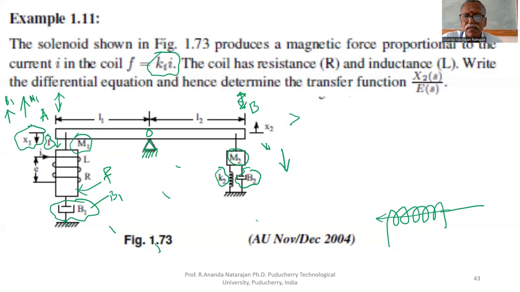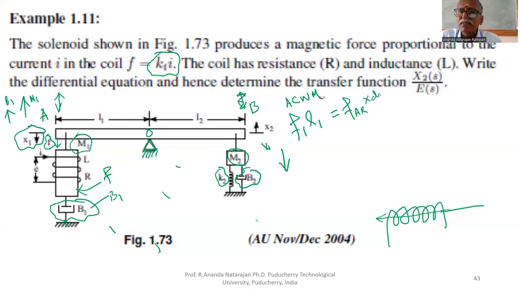F1 L1 is the anti-clockwise moment, the force developed at this end. That must be equal to all the reaction forces, which try to rotate in the clockwise direction.